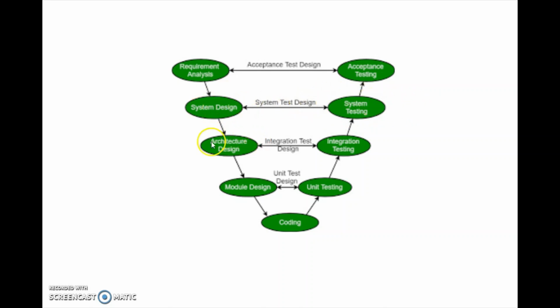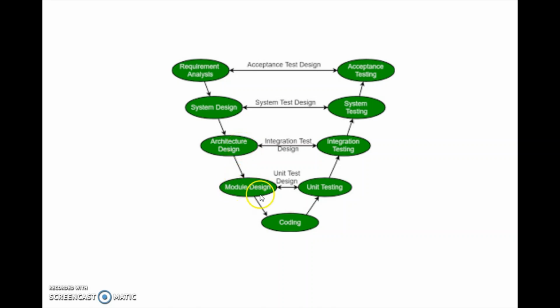Okay, architecture design, sometimes also called high level design, is where the architectural plan and the database design documents are created, and we see that the integration testing, that is the testing of whether the applications' modules are performing properly in sync or not, corresponds to the architectural plan as well as sometimes the database design.